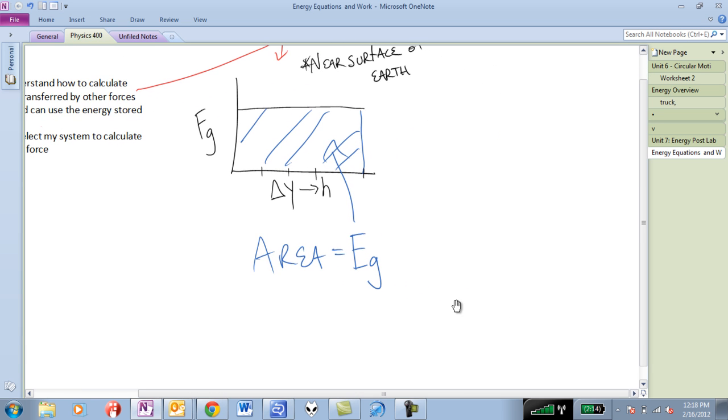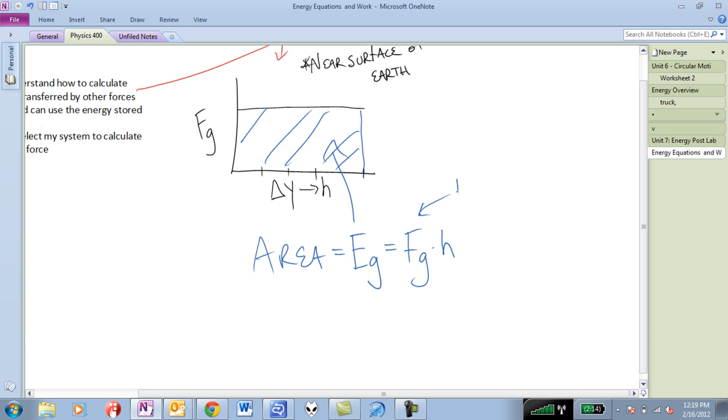So this is going to be equal to EG, and you can get this equation very easily now by just going through and saying, well, how do I get the area of this graph? It's going to be base times height. So we have Fg times h, or Fg times delta y, whichever one you'd like to use. And of course we can simplify this out a little bit better. Wait a minute, hold on, I know Fg.